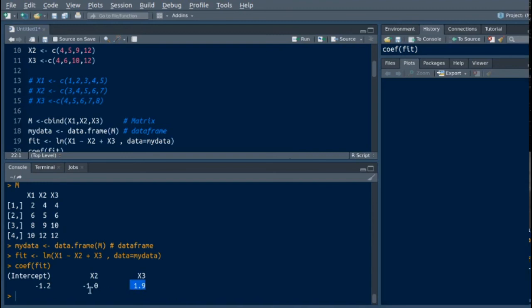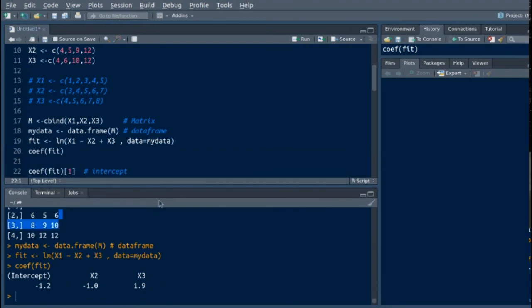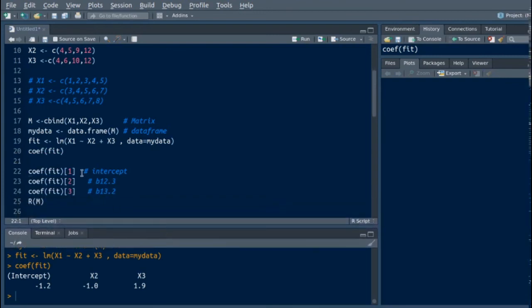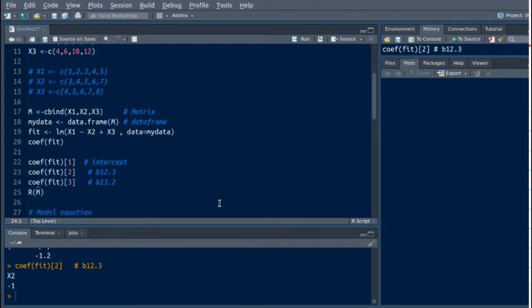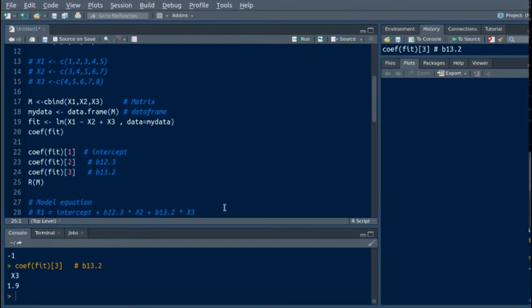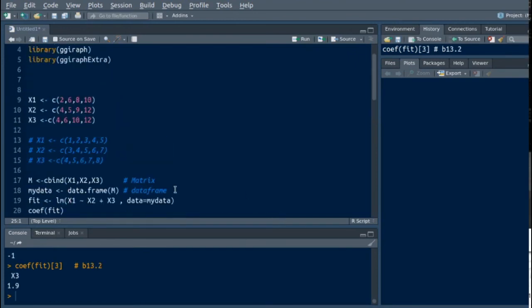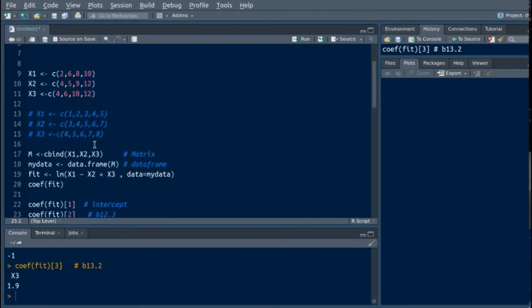This is B12.3, B13.2, right? First is the intercept, then the first coefficient, and the second coefficient.